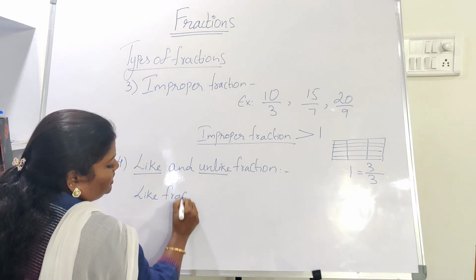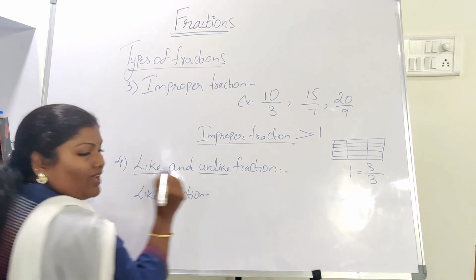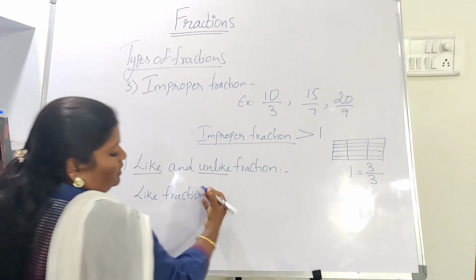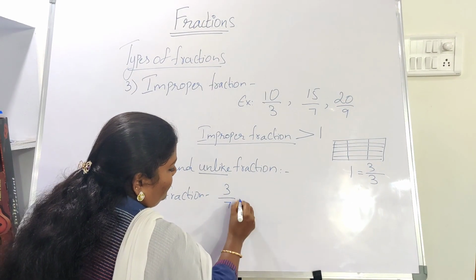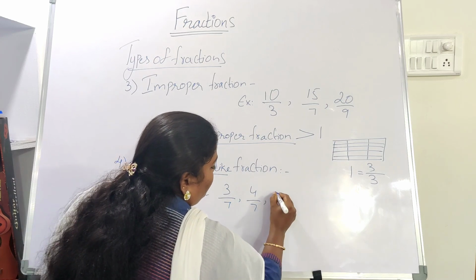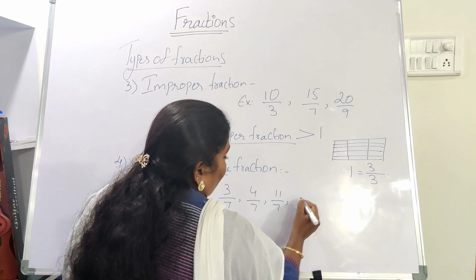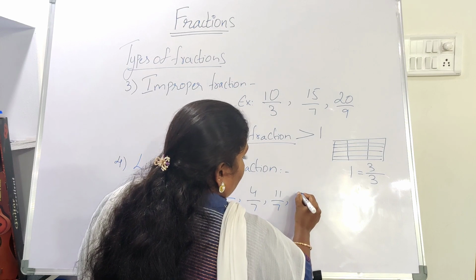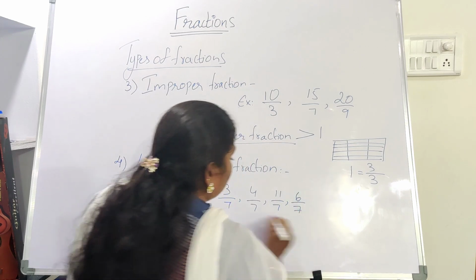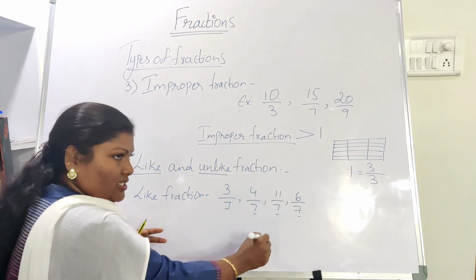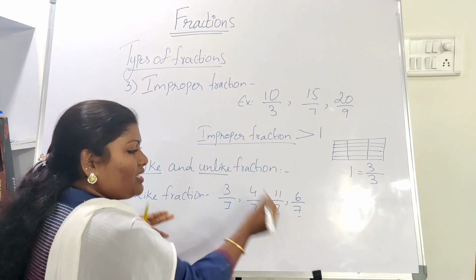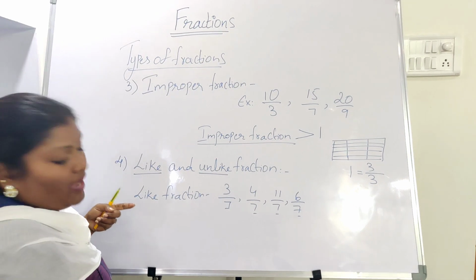A like fraction is nothing but fractions having the same denominator. For instance, 3 by 7, 4 by 7, 11 by 7, 6 by 7. You can observe that the denominators of all these fractions are the same. Such fractions are called like fractions.